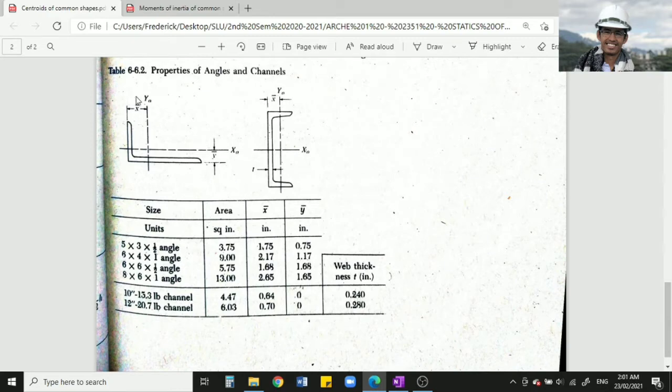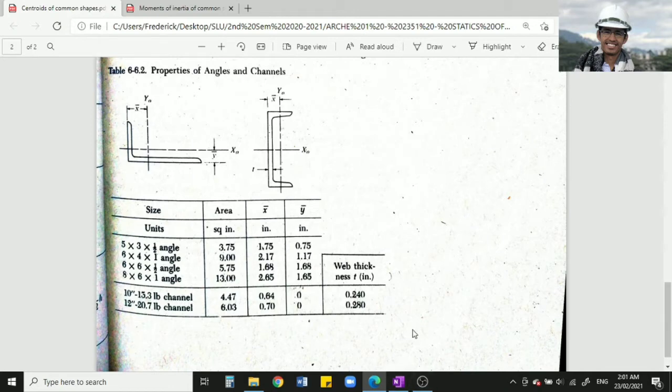So example, yung mga angle bar natin, yun yung ginagamit natin sa trusses, di ba? Sa bubong. And yung C-channels natin, ito rin yung ginagamit natin. Example, yung mga C purlins. So that is considered as C-channel. And dito yung kanyang mga properties. So dito yung mga sizes and yung area, and naka-indicate dito yung kanyang bar x and bar y.